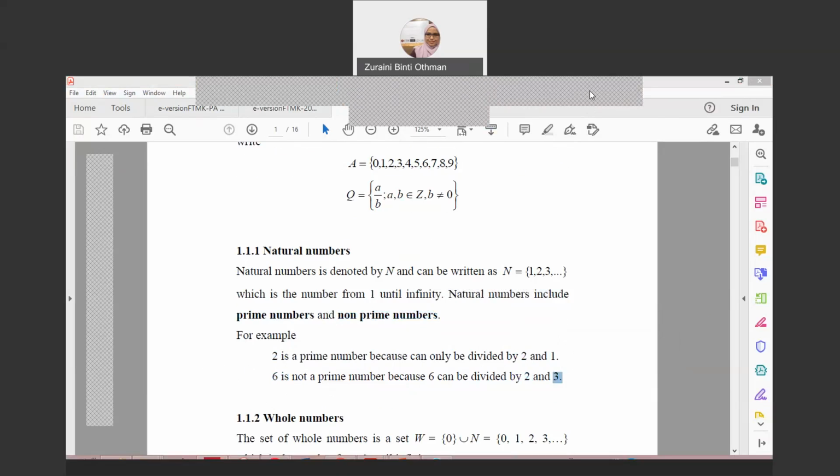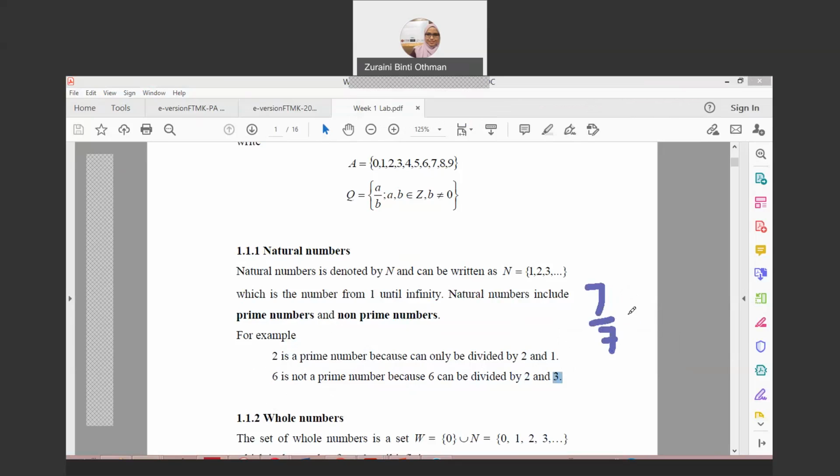Okey, okey tak? Contohnya kalau kita ada 7 dekat sini. 7 ialah prime number or non-prime number? Okey, 7 boleh bahagi dengan berapa? 7 boleh bahagi dengan 7 ataupun 1 saja, tanpa ada baki. Dia tak boleh bahagi dengan 2, tak boleh bahagi dengan 3, betul tak? So, this is prime number.